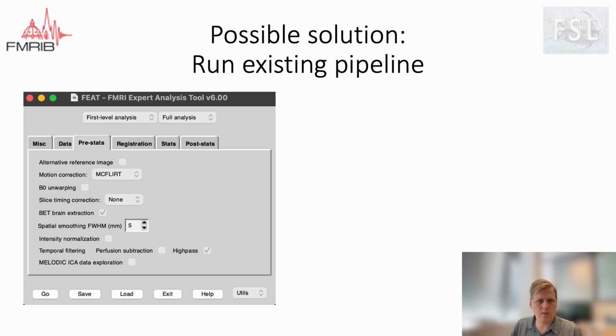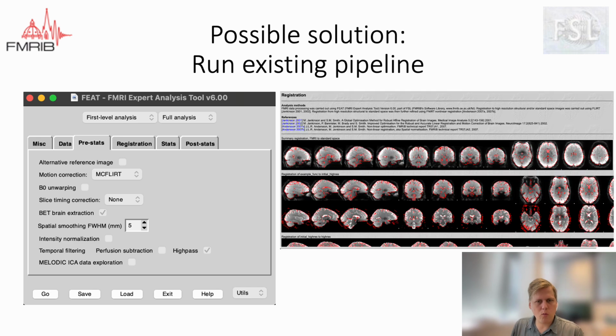It does pre-stats, registration, statistics, and some post-statistics analysis. In all of these, you have a bit of control over how the individual steps are run. And then we can visually check the output using the resulting HTML files.